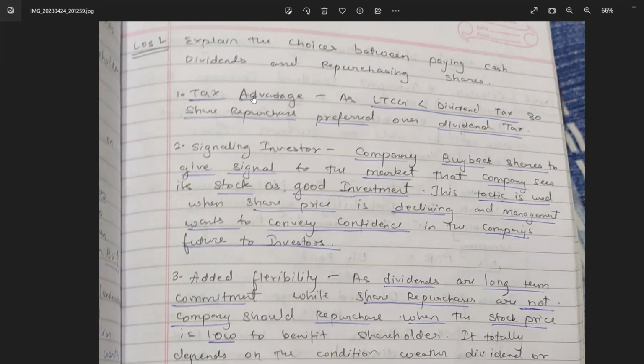The first one is the tax advantage, as long-term capital gains tax is less than dividend tax. So share repurchases are preferred over dividends because the investor may come under a high tax bracket.